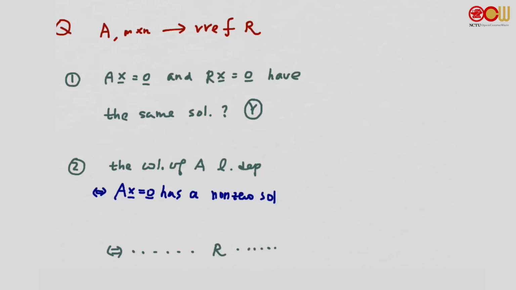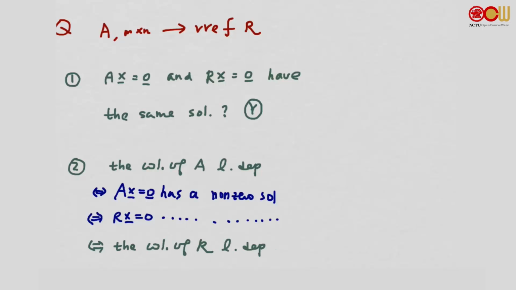And because of the first property, these two have the same solution. We can conclude that this is true if and only if RX equal to 0 has a non-zero solution. And this is true if and only if the columns of R are linearly dependent.